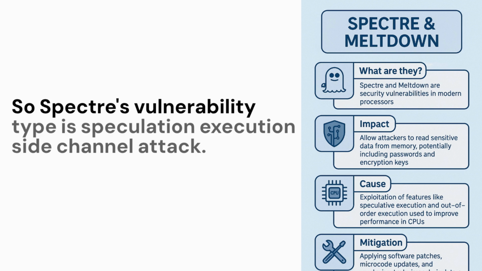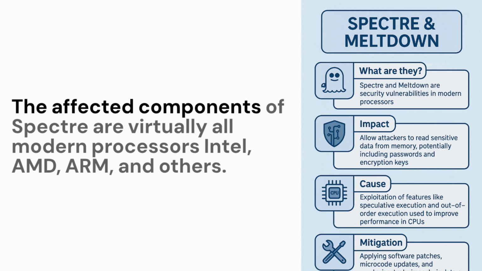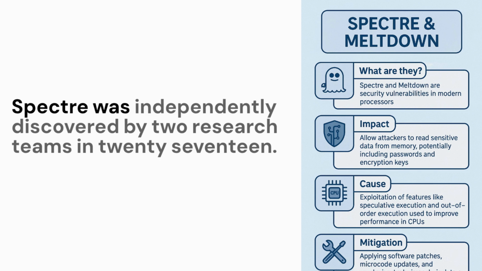So Spectre's vulnerability type is speculative execution side channel attack. The affected components of Spectre are virtually all modern processors: Intel, AMD, ARM, and others. Spectre was independently discovered by two research teams in 2017.